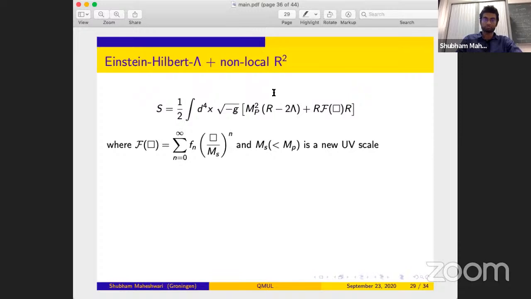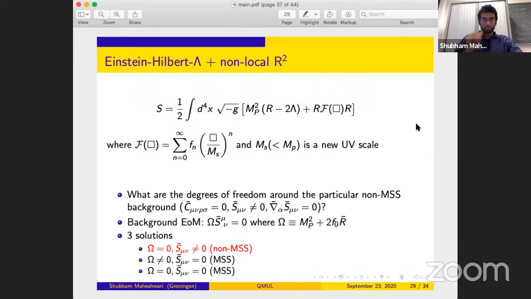So you have Einstein-Hilbert, the cosmological constant, and a non-local R squared term. In this case, we want to see what the degrees of freedom are around non-maximally symmetric backgrounds with the conditions that I chose a few slides ago, where the Weyl tensor is 0 and the traceless Ricci tensor is non-zero, and the covariant derivative of the traceless Ricci tensor is 0.